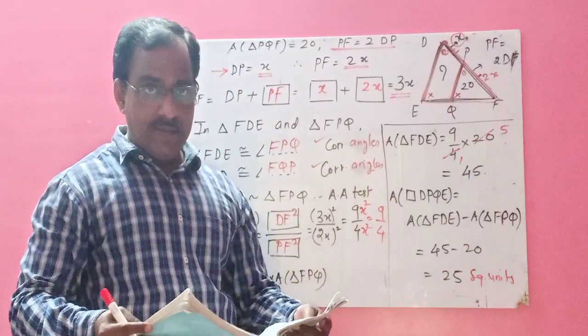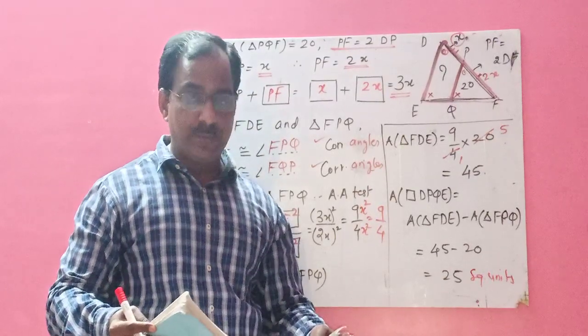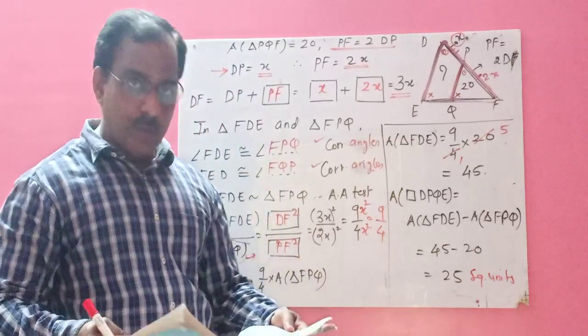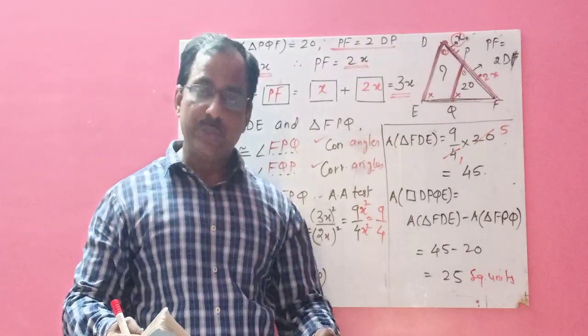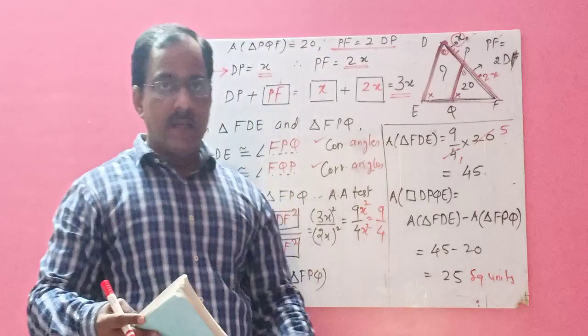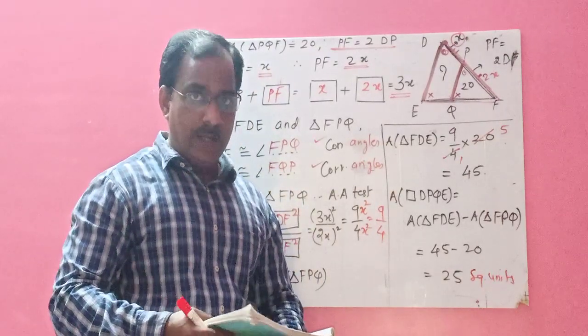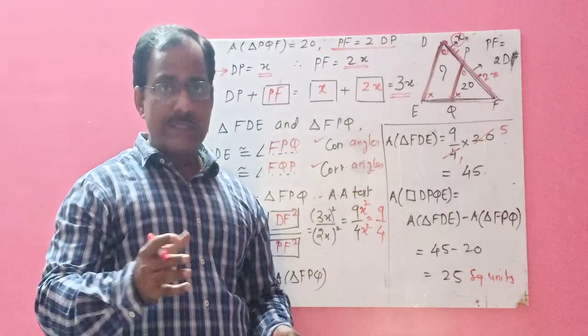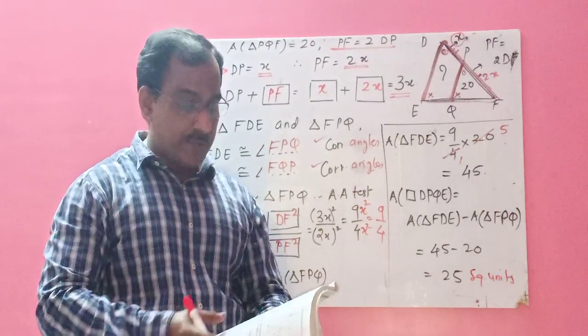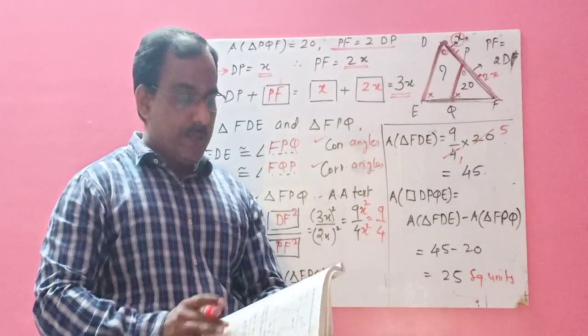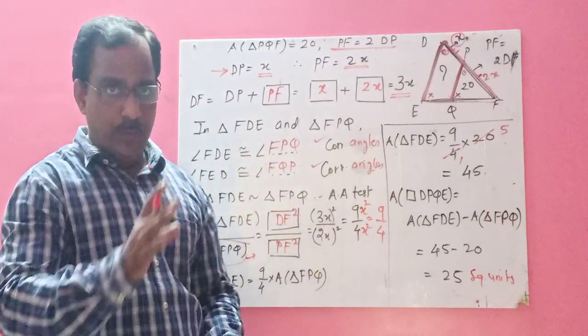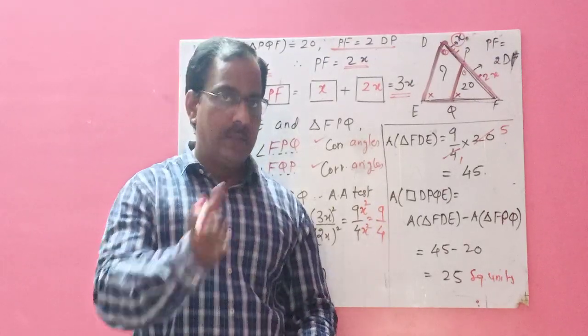Most of the sums I have given you as homework are similar to the sums of your exercise. There also, if you have any doubt, you should comment in your class, because in the last video I am going to prepare now, I will do a few sums of the miscellaneous, because that is left. So do all these sums in your notebook, and if you have doubt, please comment.